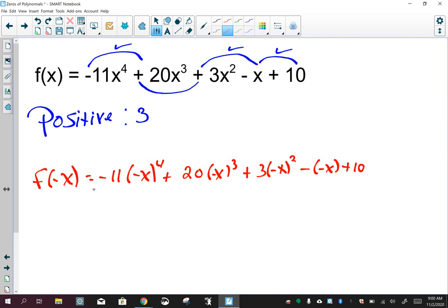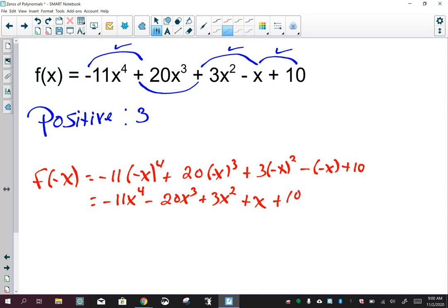Now once I clean this up, I get 11x to the 4th, this is going to change, so minus 20x to the 3rd. This won't change from up here because it's an even number, so plus 3x squared. This is going to change, so plus x plus 10.